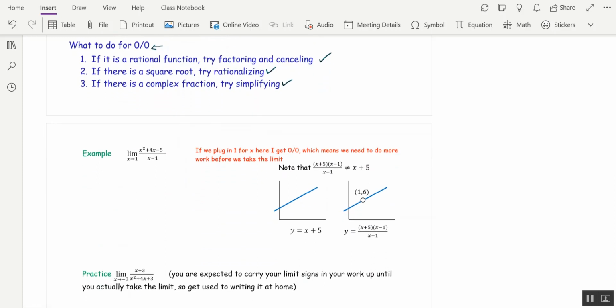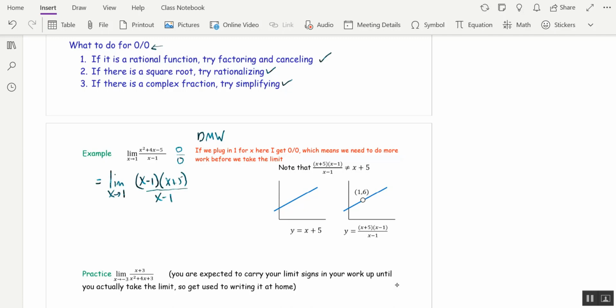All right, first example. When I plug x equal 1 in, I get 0/0. That's a do more work. All right, so the work I'm going to do is factor. This is the limit as x goes to 1 of (x minus 1) times (x plus 5) over (x minus 1).